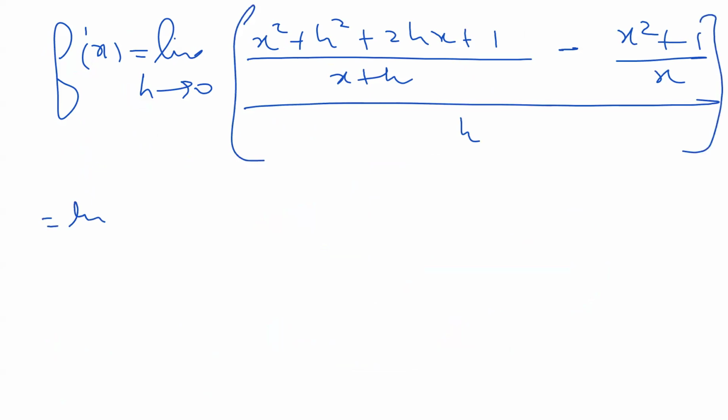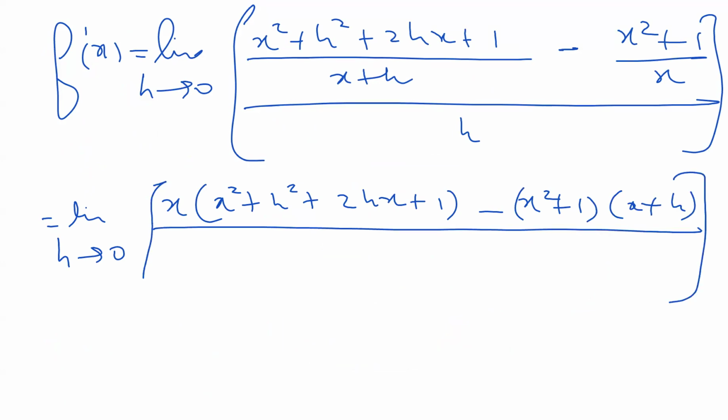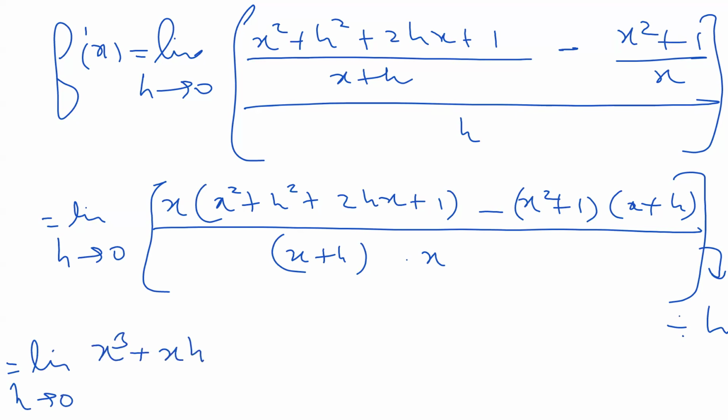Okay. So limit h approaching 0, take LCM, x square plus h square plus 2hx plus 1 minus x square plus 1 into x plus h. Okay. X plus h into x. Okay. The whole divided by h. This box bracket divided by h. So limit h approaching 0, x cube plus xh square plus 2hx square, xh square I'll just write it as h square x in the alphabetical order plus x.